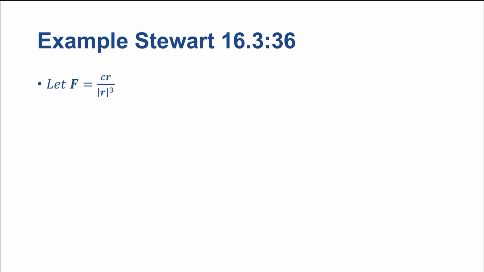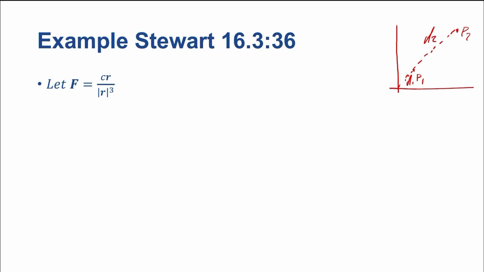We say that the force is equal to C times r over the magnitude of r cubed. And we're moving from some initial point, we're keeping this very arbitrary, from P1 to P2. We're going to say that the distance here is D1 away, and the distance here is D2.